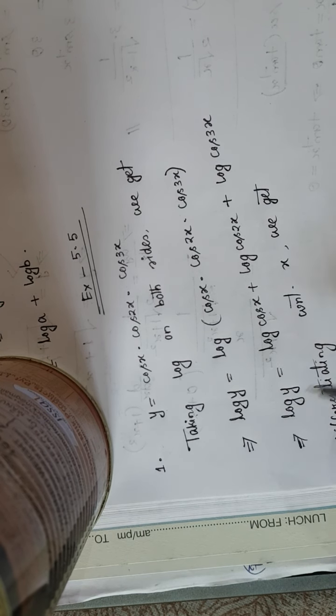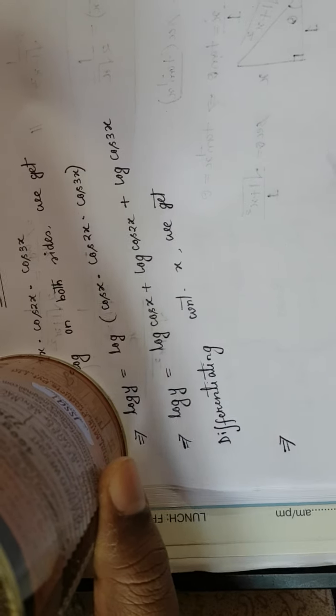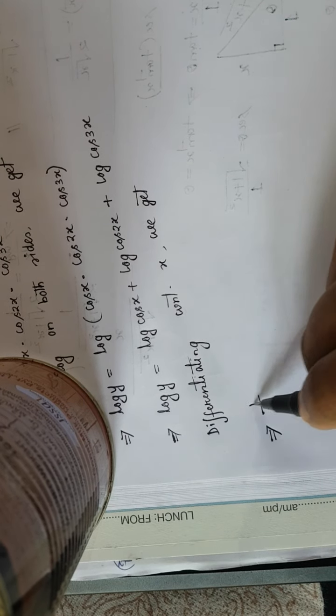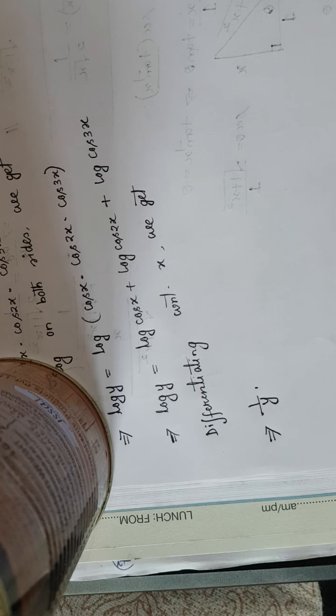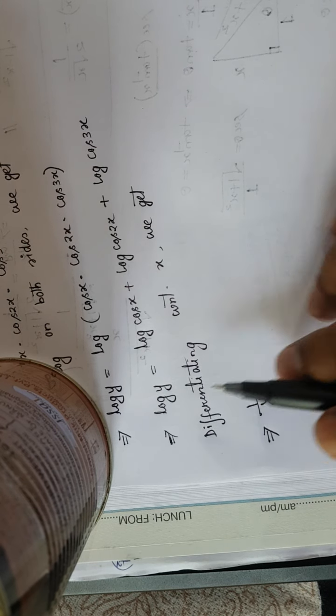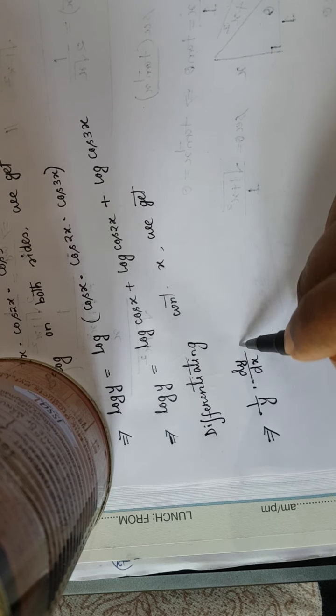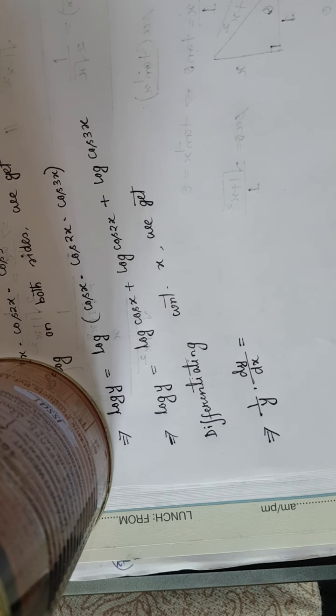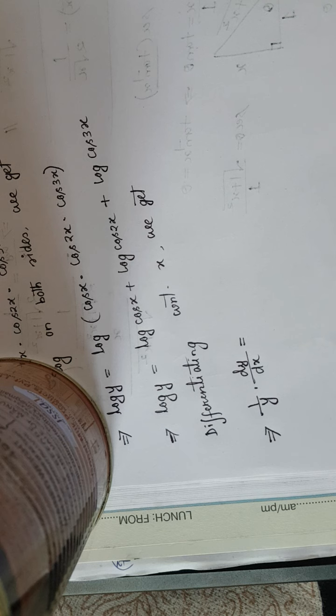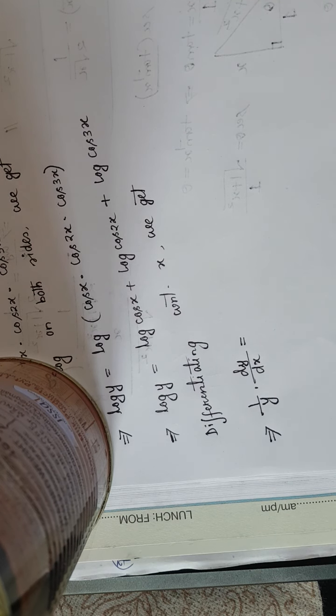for log y, derivative is 1 by y, but it is y, not x. We must write dy by dx. Whenever we differentiate one variable with respect to another variable, we must mention the derivative.